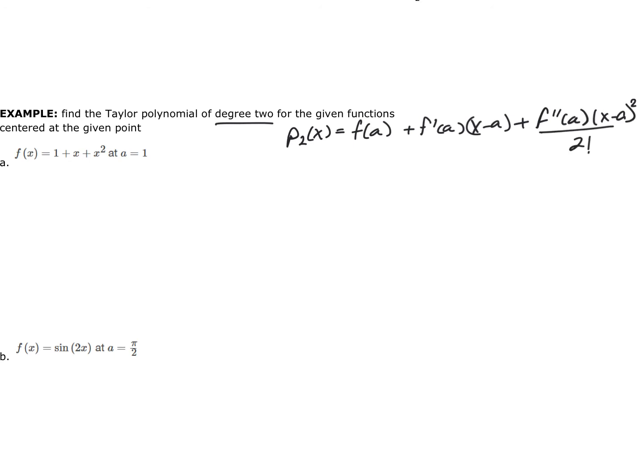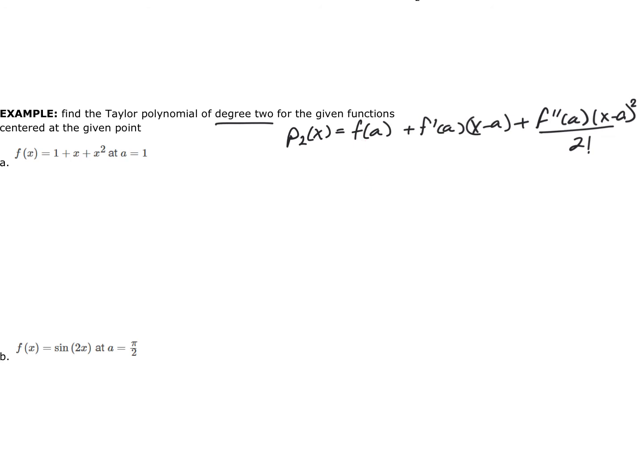This is a Taylor polynomial of degree 2, and I know I have a degree 2 because I am at the second derivative, and that's when I stop. If I want degree 3, I'd stop at the third derivative. If I want degree 1, I'd stop at the first derivative. If I want a degree 0, then I'd just have f of a.